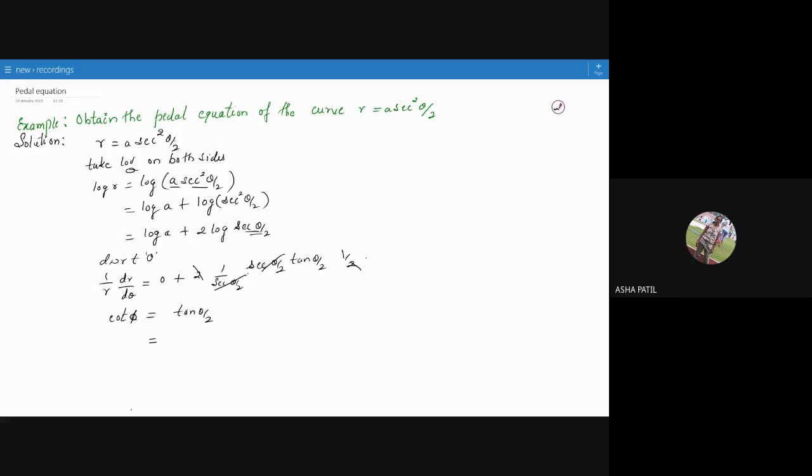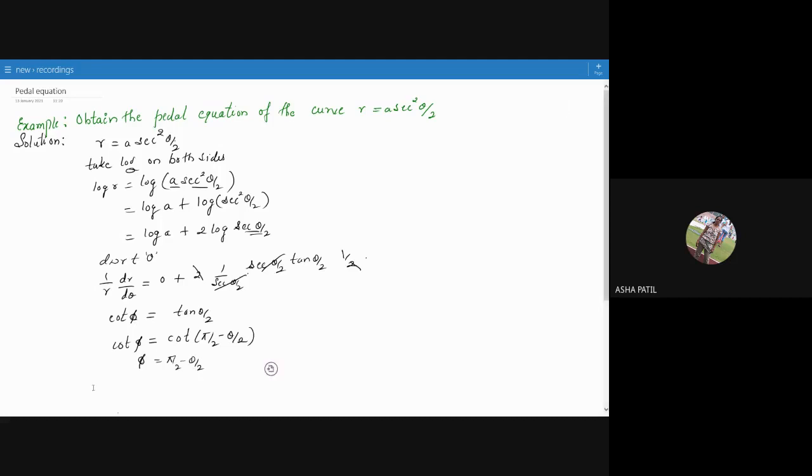So try to reduce the RHS and write it in terms of cot. So we can write tan theta by 2 as cot of pi by 2 minus theta by 2. Now comparing the LHS and RHS, we have phi is equal to pi by 2 minus theta by 2.